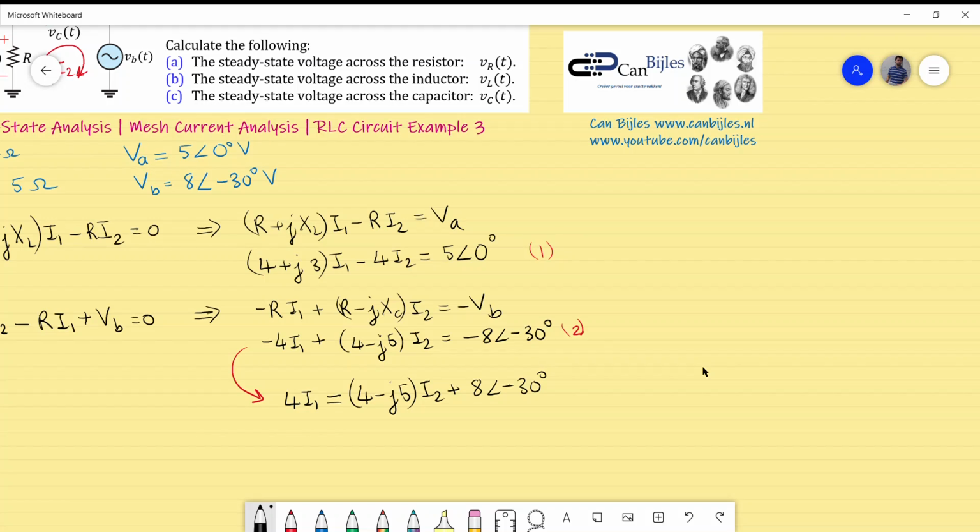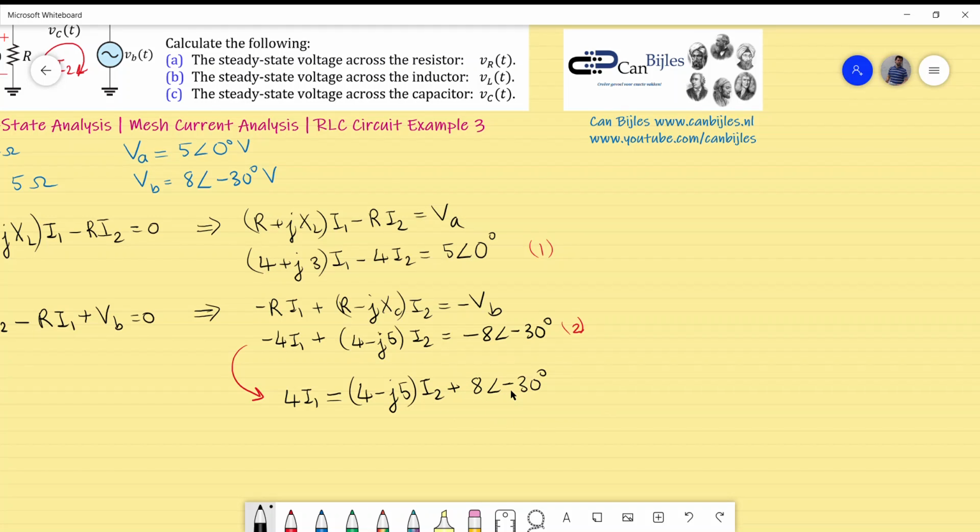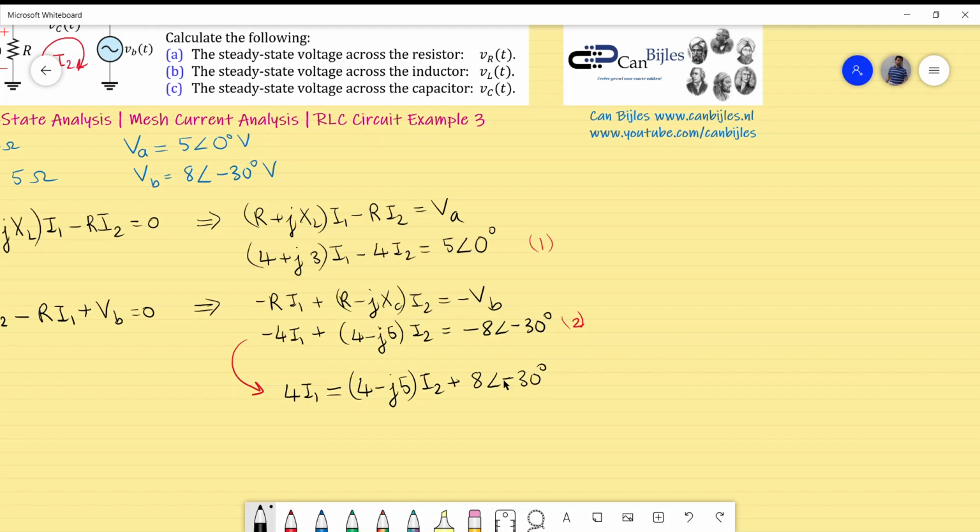Now, the problem here is I cannot add a rectangular expression with a polar expression. So what will be helpful is to represent this in rectangular form, so I can add the terms together. That's what I want to do now. So the next step is to convert this 8 at minus 30 degrees into rectangular representation.